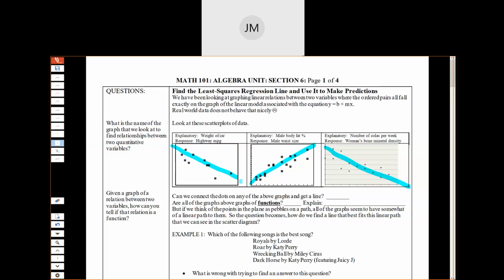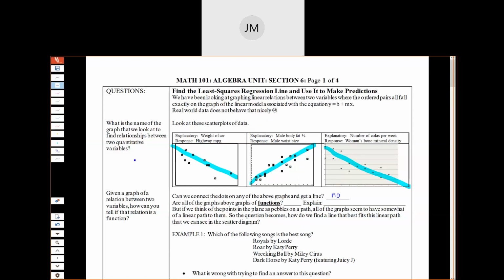So if I ask this first question, can I just connect the dots and get a line? The answer to that is no. And it gets worse. If I look at these graphs, are these graphs a function?